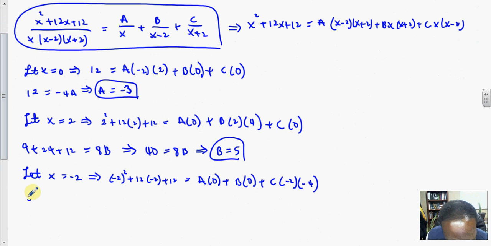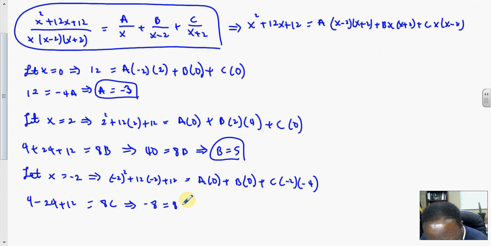So we get 4 minus 24 plus 12, and that's equal to positive 8c. So this implies that we have minus 12 plus 4, so that gives us -8 is equal to 8c. And that implies then that c is equal to 1.